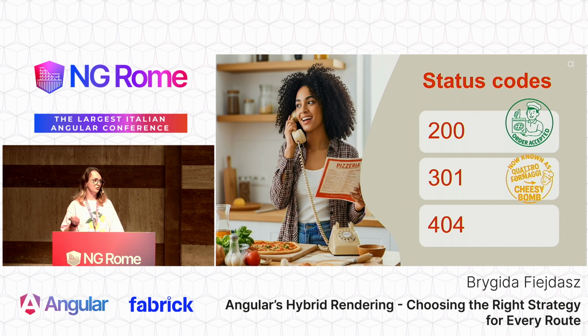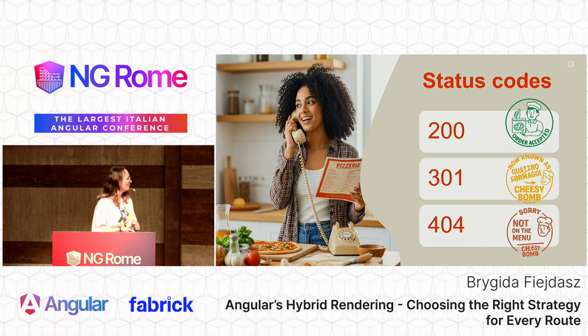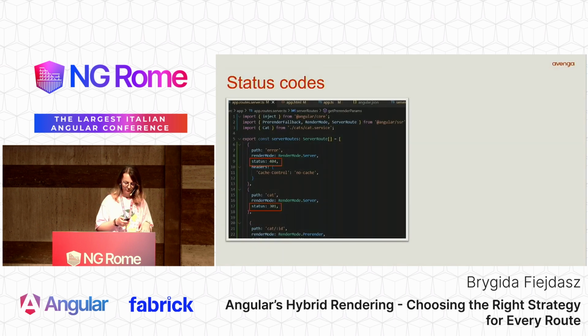I want to have a quattro formaggi pizza, but the lady told you, oh no, now it's a cheesy bump. And the last one, also, these are only examples of status codes. It's 404, and you want to order quattro formaggi, but they don't have it in their cart, so you are a little bit sad.